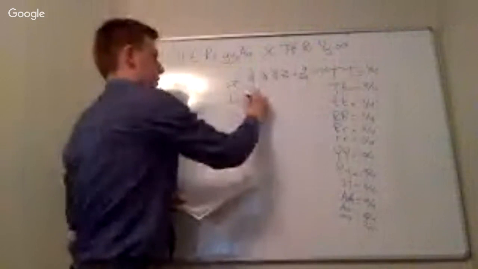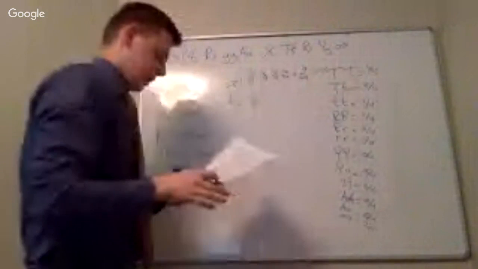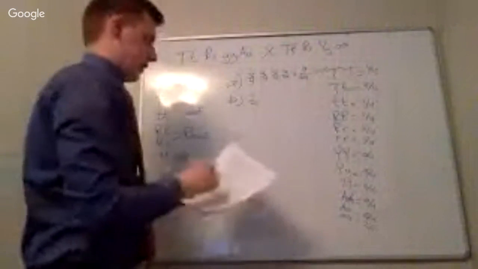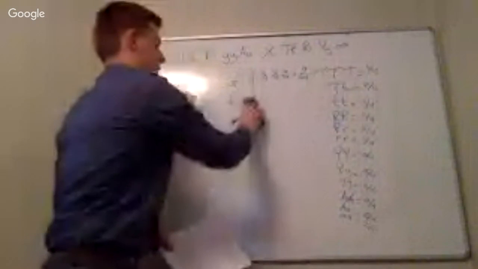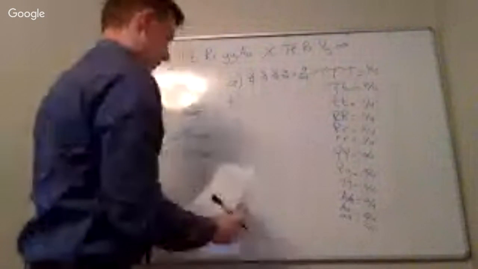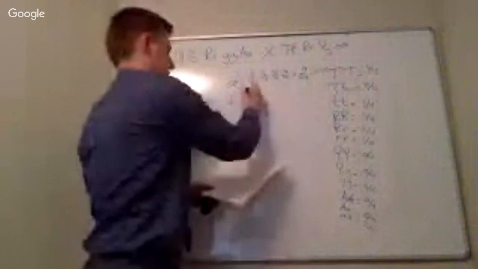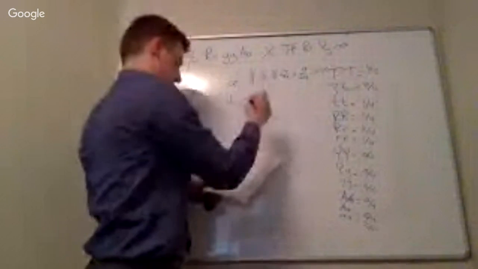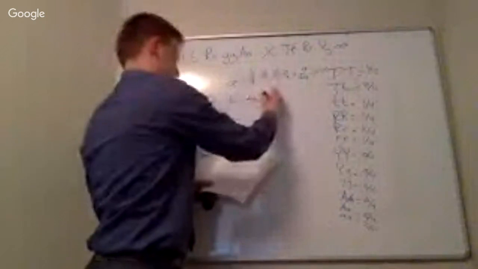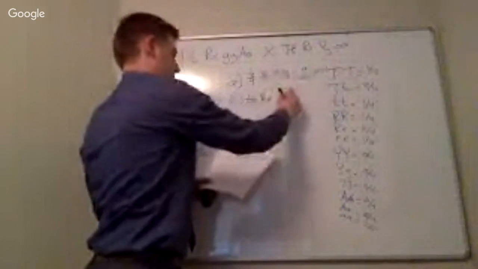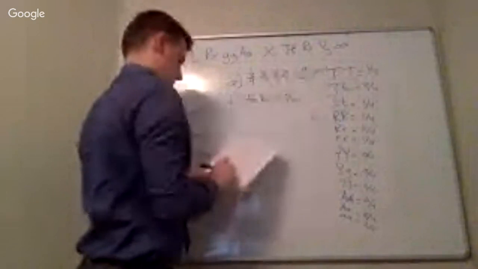Now with part B, we do the same thing. And so just to hurry and do it really quick, we need to find the probability of the genotypes of the homozygous recessive T, heterozygous R, heterozygous Y, and heterozygous A. Make sure I did that right.